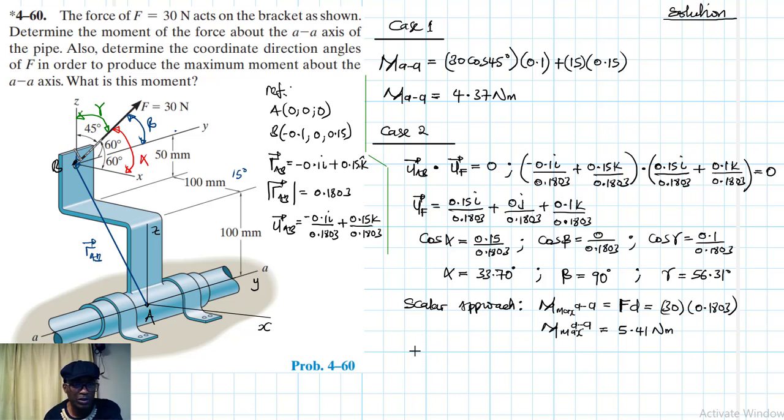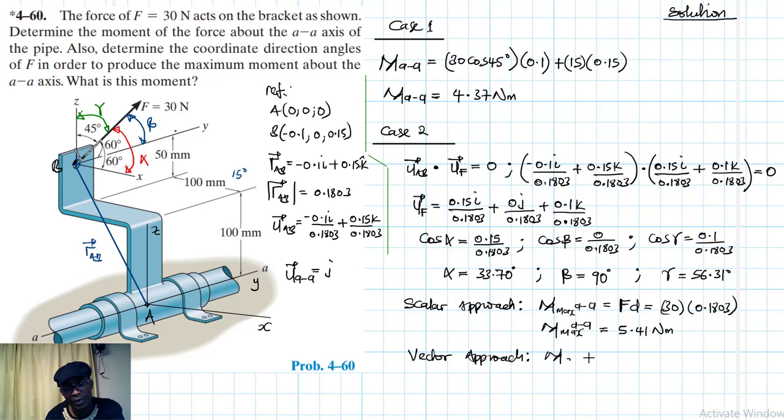So what if we wanted to use the vector approach? The vector approach will still find the same answer. The unit vector along the AA axis is just equal to j.